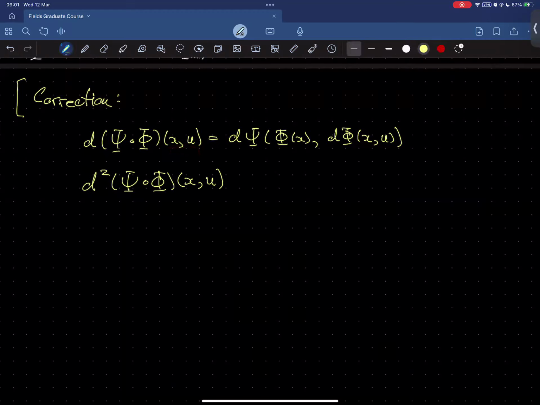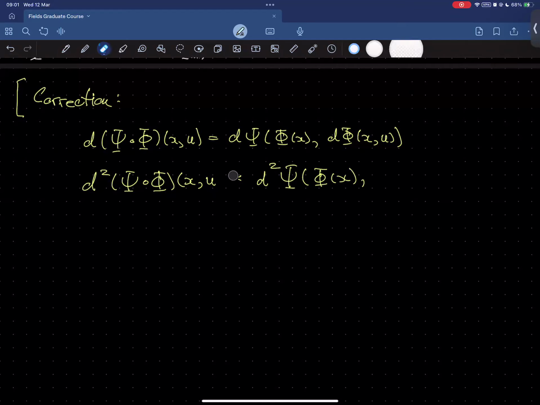So first we're going to differentiate it with respect to x, okay? And so you're going to get d2 psi by phi at phi of x, okay? First let me put the right thing in here. So u1, u2, okay?